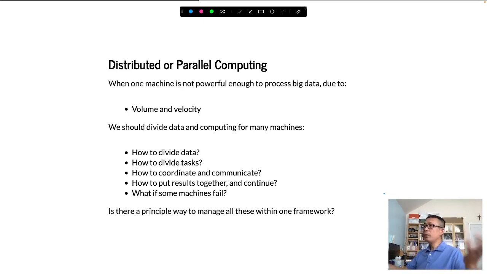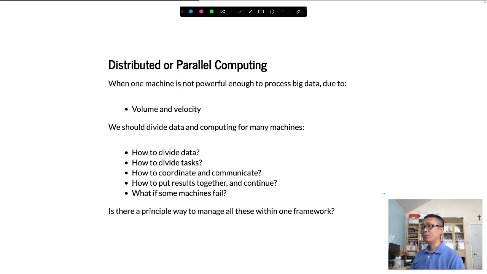And then when the tasks are completed, how can you put them together and continue from there until you reach the final outcome? And then there is also a very important question of when you involve so many computers together, what if some machines fail?